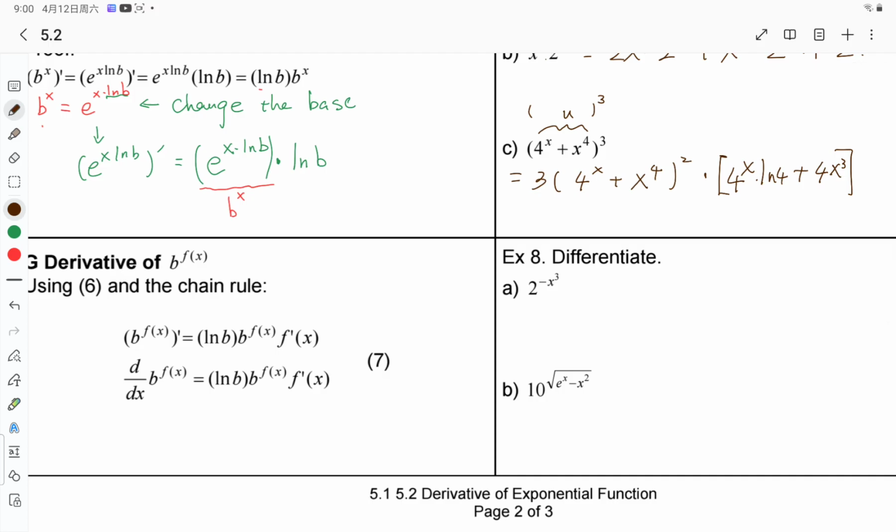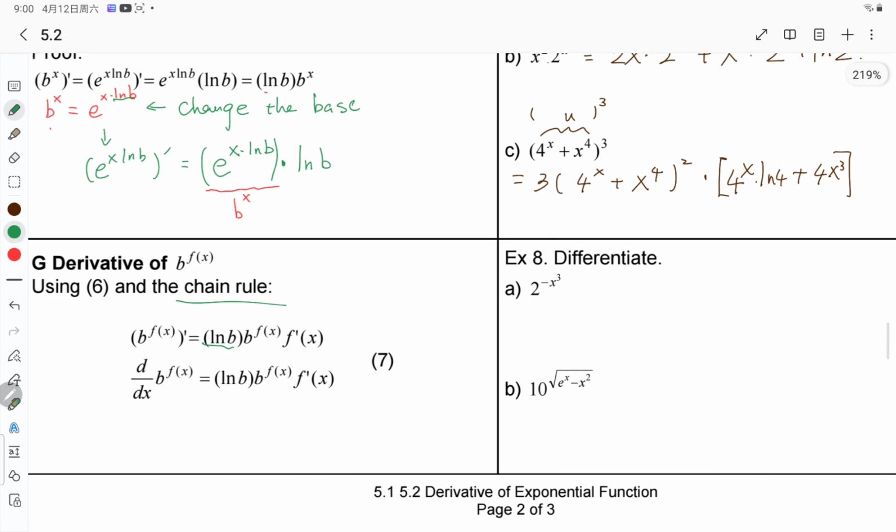This part should be the similar chain rule, right? Again, first we differentiate with respect to b to the something, and then we have this parameter ln b. Ln b again, because in the proof we use the derivative of e to the something, e to the x, this formula, okay?